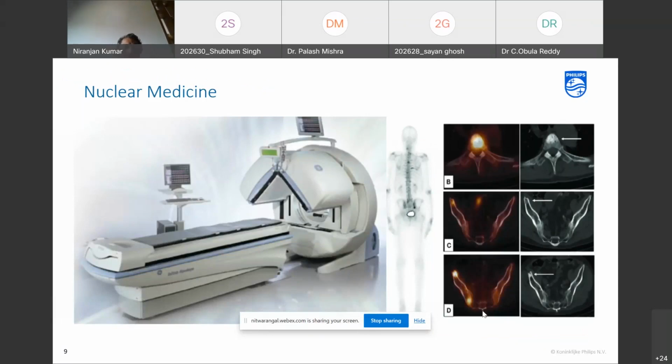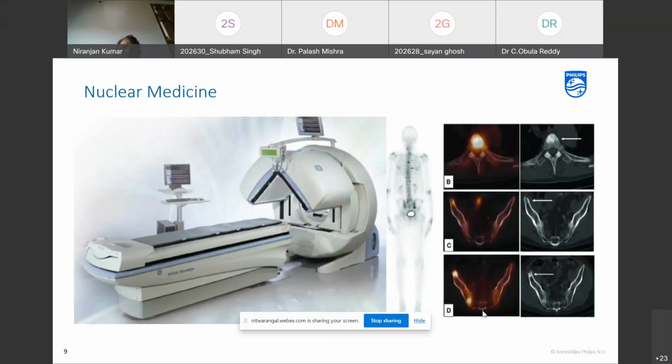So moving to nuclear medicine, as the name says, it is a machine which has two types of imaging. I will tell you in a minute. When you need a very advanced diagnosis of, for example, a brain tumor which is hidden behind the big bones, and it is very difficult to detect through normal CT and other things, then we go for nuclear.